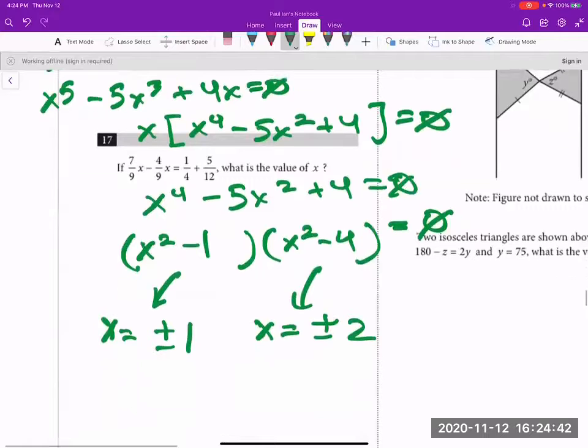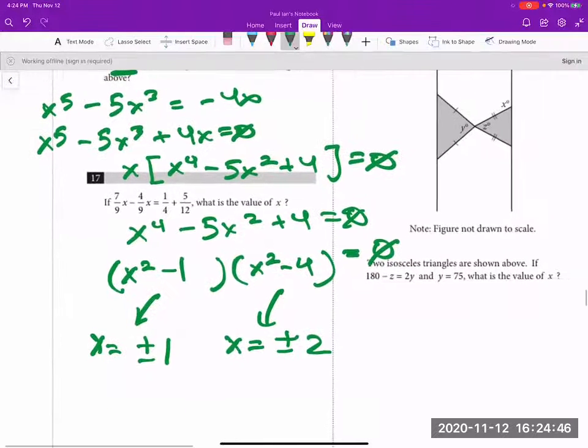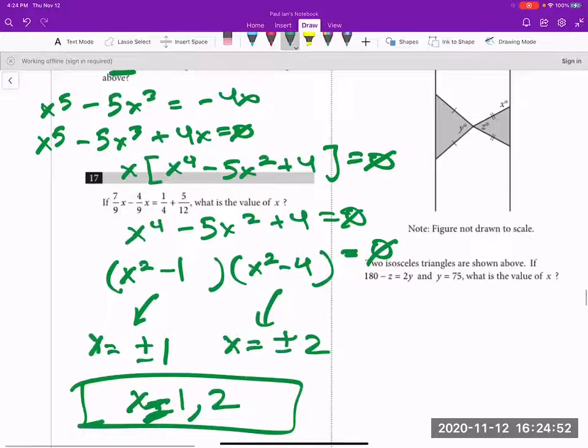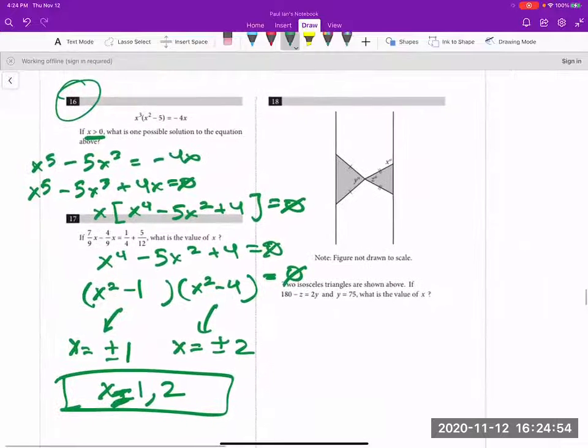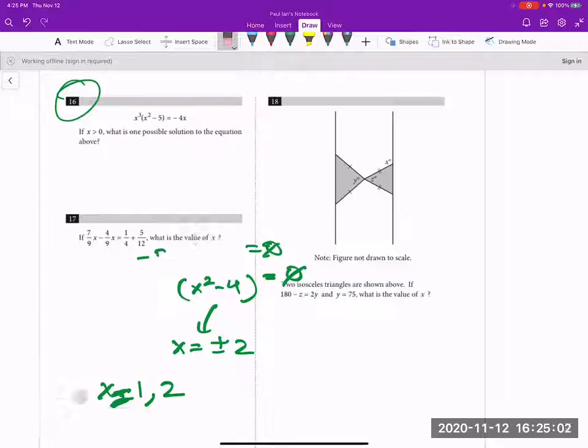But it's only the positive ones that you want. So it's only 1 or 2. I think that's the answer, either one of those. The other way of doing it is probably plugging in some values to see if it works, because you only need one of them, right?